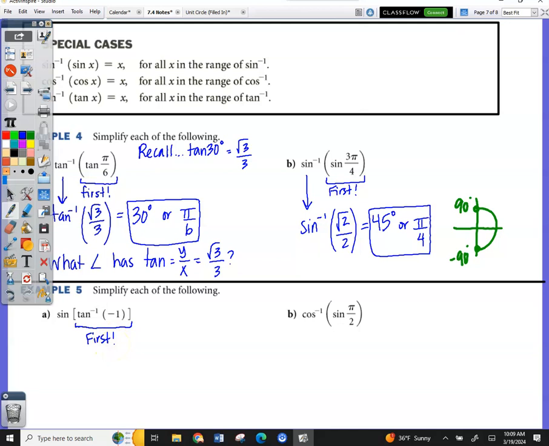Tan inverse of negative 1. Don't let the negative 1 throw you off. That meant y got divided by x to give me a negative 1. What's the only way to divide two things and get a 1 at all? They have to match, right? And then if they're negative 1, then one's positive, one's negative.